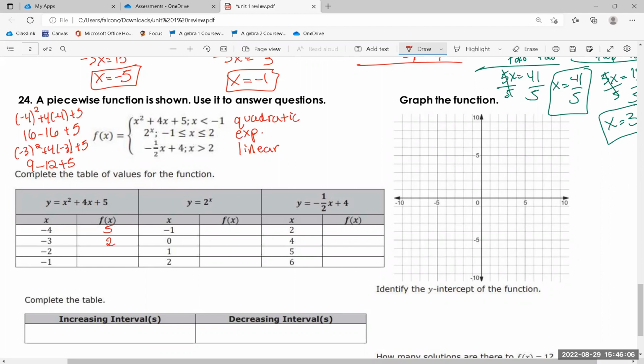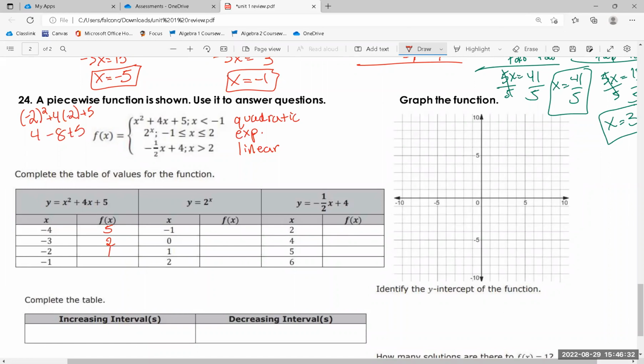All right, I'm going to erase this. All right, plugging in -2, that's going to give me -2 squared plus 4 times -2 plus 5. So that would be 4 minus 8 plus 5, so +1.